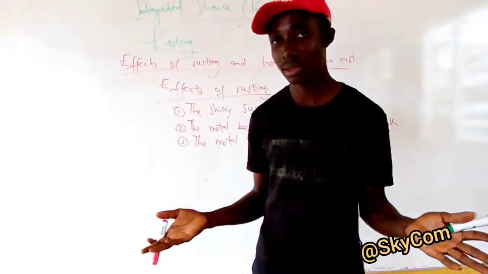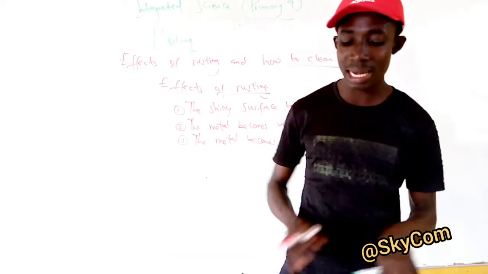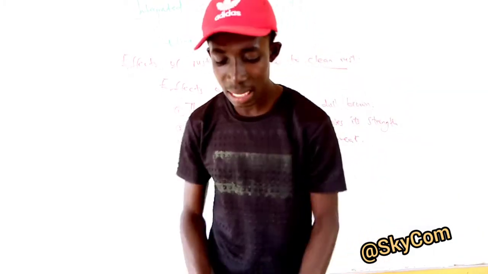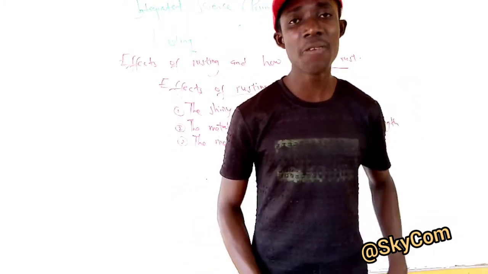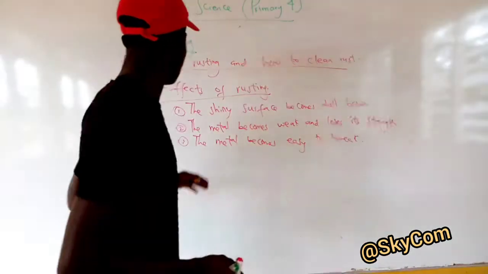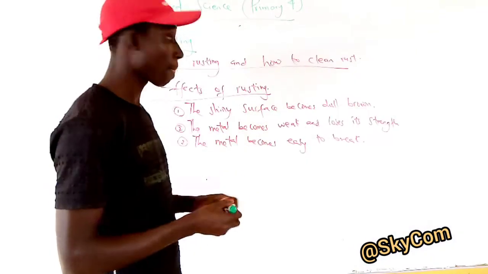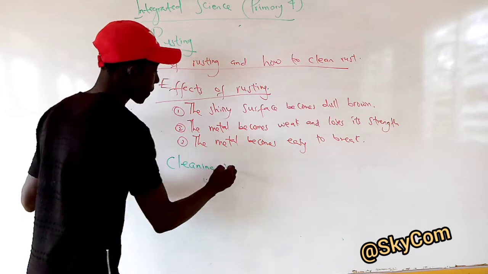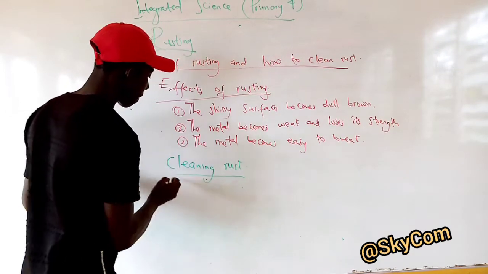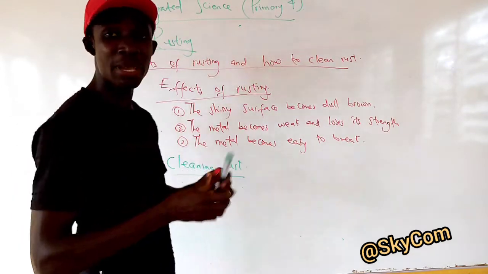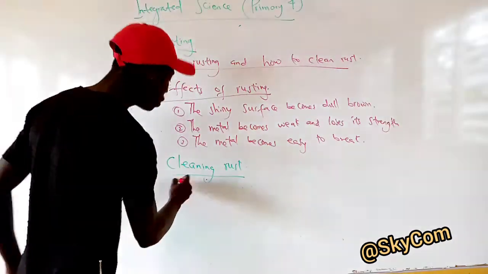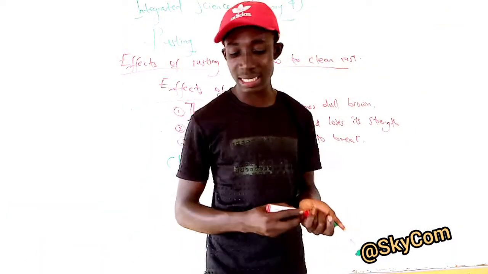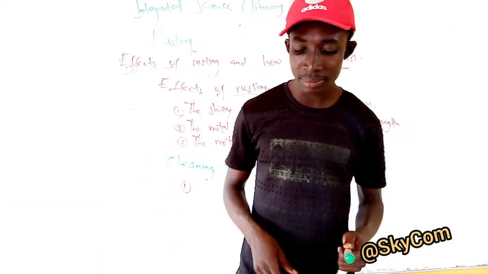Are you okay? Let's move on to how we can clean rust. How can we clean rust from a particular metal? You have a nail, it's rusted. How can you clean the rust from there?